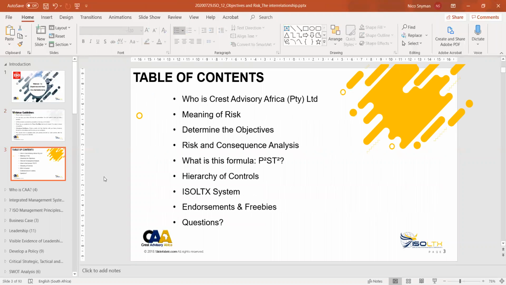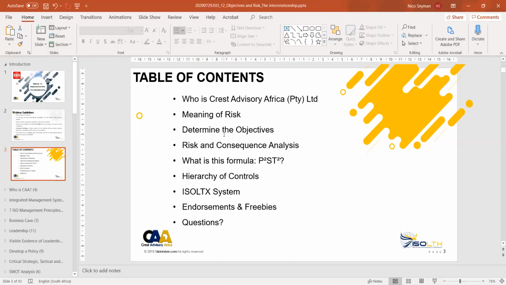And then the table of contents. What I'm going to do is just quickly give you an overview of Crest Advisory Africa. Then I'm going to speak about the meaning of risk, how to determine the objectives, and then your risk and consequence analysis. And then we're going to be speaking about the formula P square ST square.